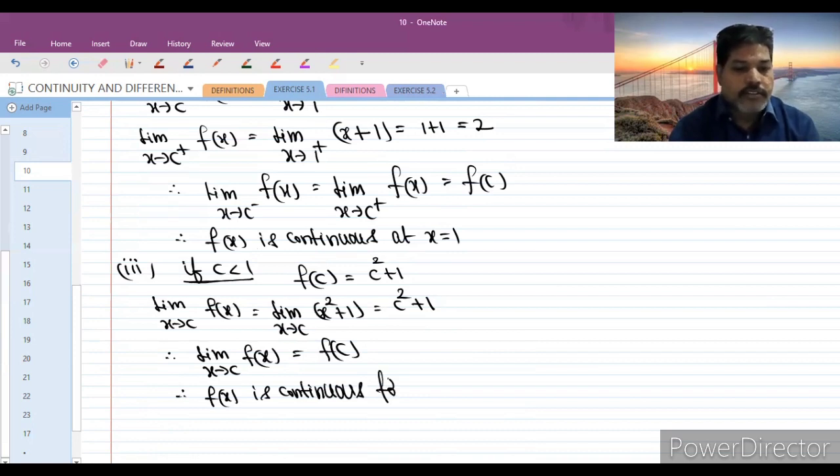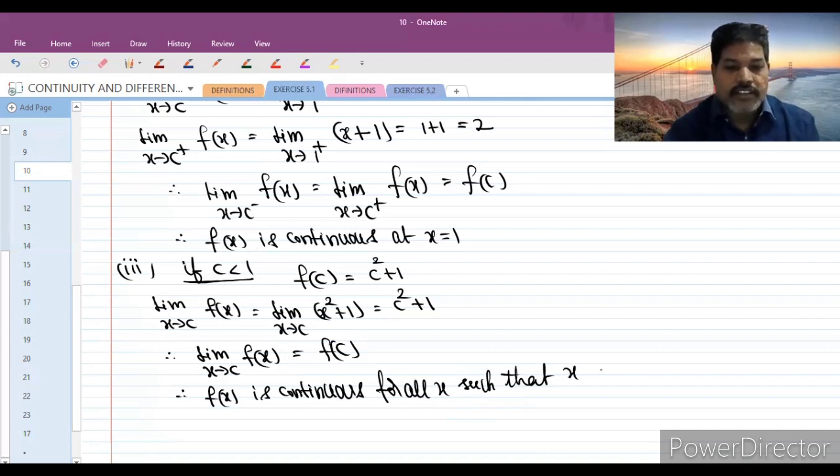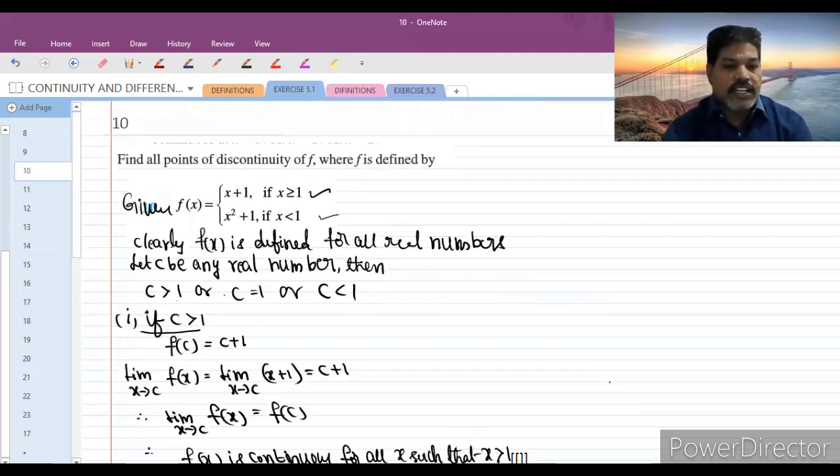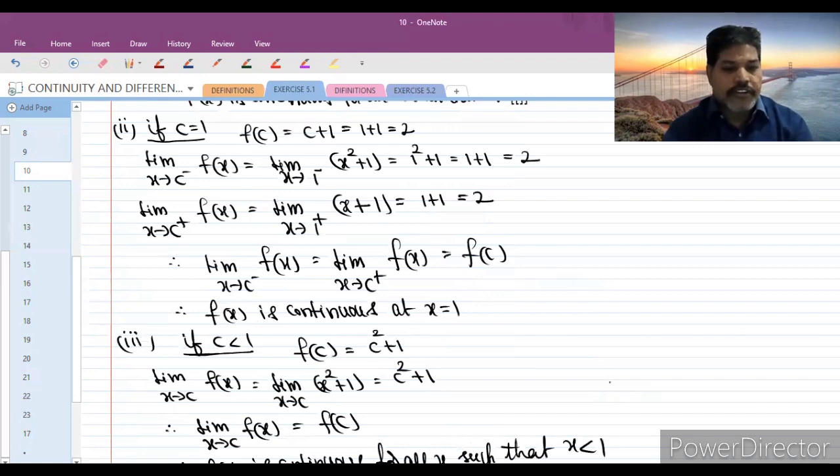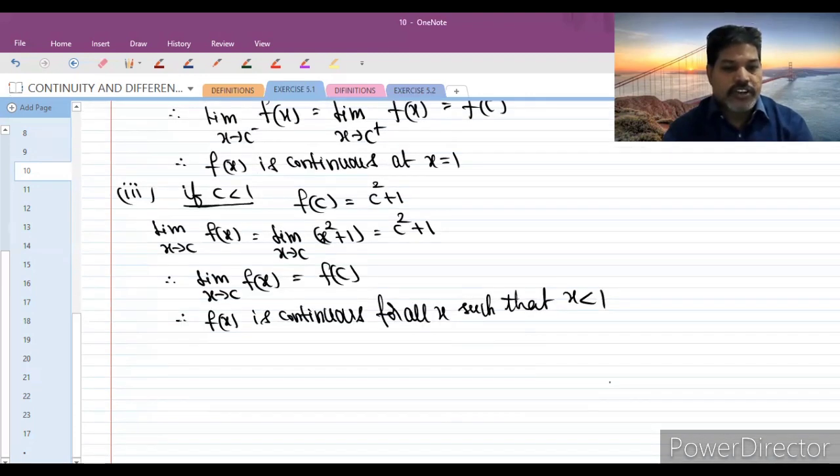for all x such that x value is less than 1. Therefore, in conclusion, for c greater than 1 the function is continuous. If c is equal to 1, the function is continuous, and if c is less than 1, the function is continuous.